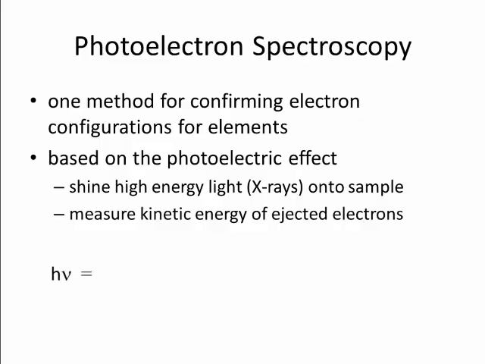A photon of light transfers its energy to an electron, ionizing the electron and giving it some kinetic energy. Knowing the energy of the photons used and measuring the kinetic energy of the ejected electrons allows us to determine the ionization energy or binding energy of each electron in an atom.